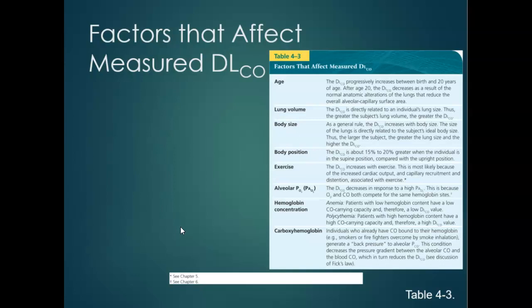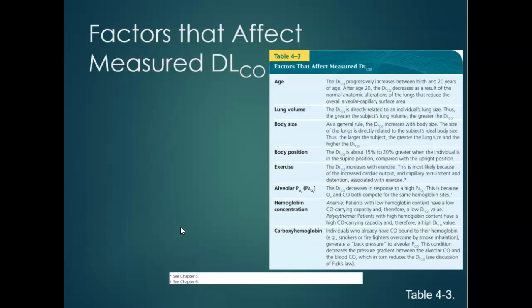So really what it evaluates is the effectiveness of the AC membrane. Typically it should be around 25 milliliters per minute per millimeter mercury, but certain conditions can affect the rate of diffusion.